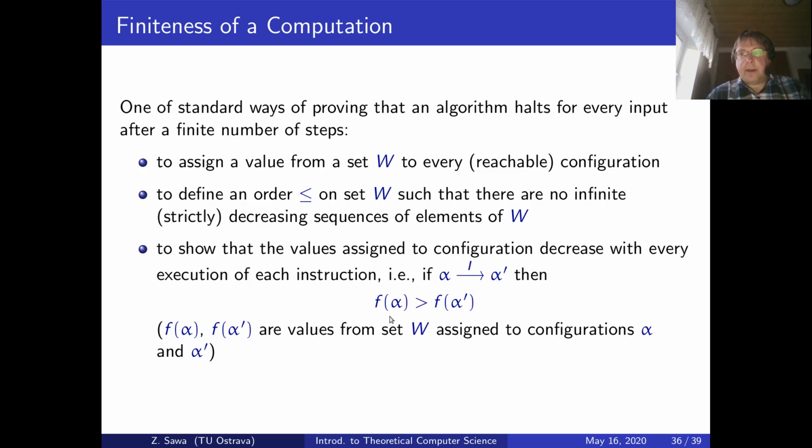In general, it can be difficult to compute the precise set of reachable configurations, but I can consider some over-approximation, a bigger set of those configurations where the invariants are satisfied, and for them specify this assignment of decreasing values.